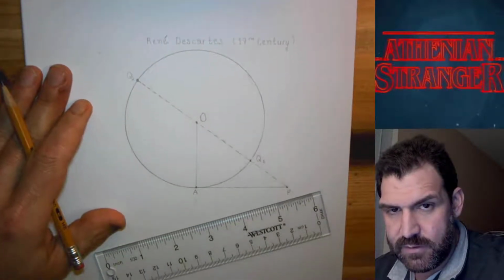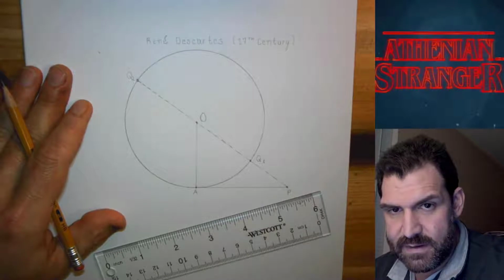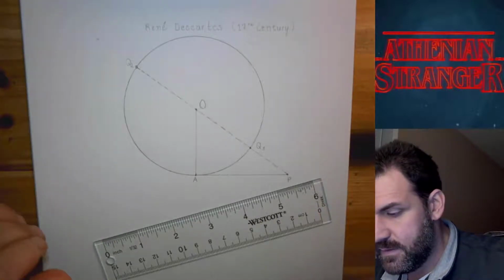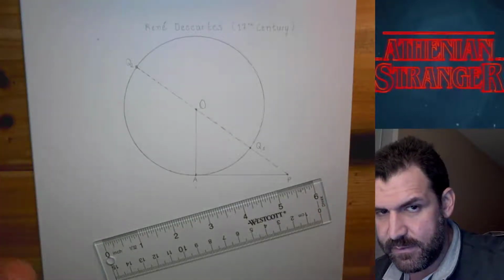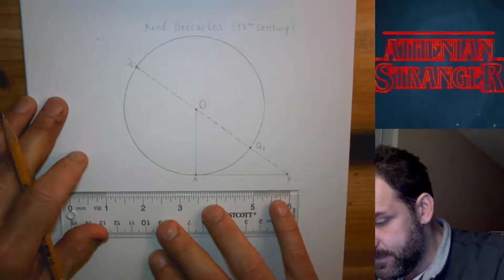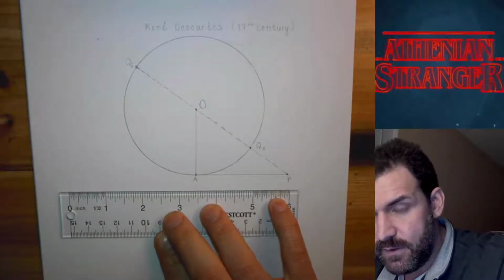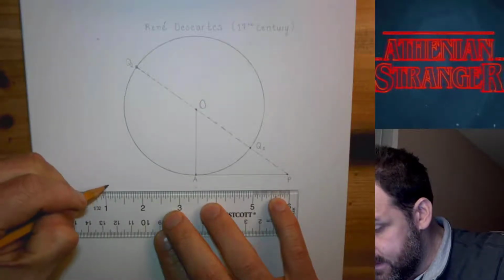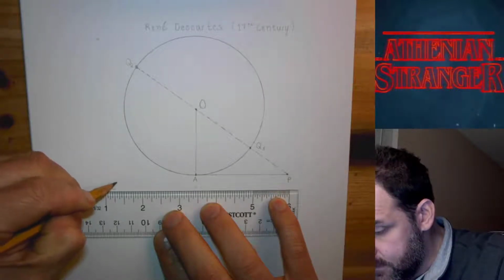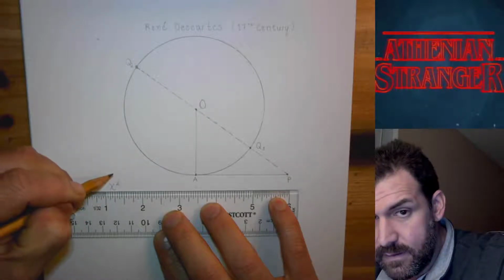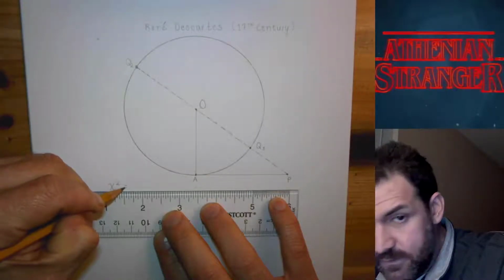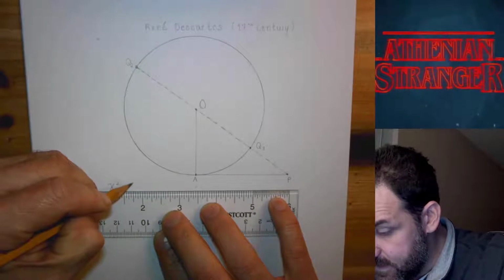Now, I want to show you now what Descartes figured out. So this is just brilliant. It's absolutely brilliant. So what he figured out was, if you have an equation like this, x squared, this is a general form, equals 2 times the radius of the circle.